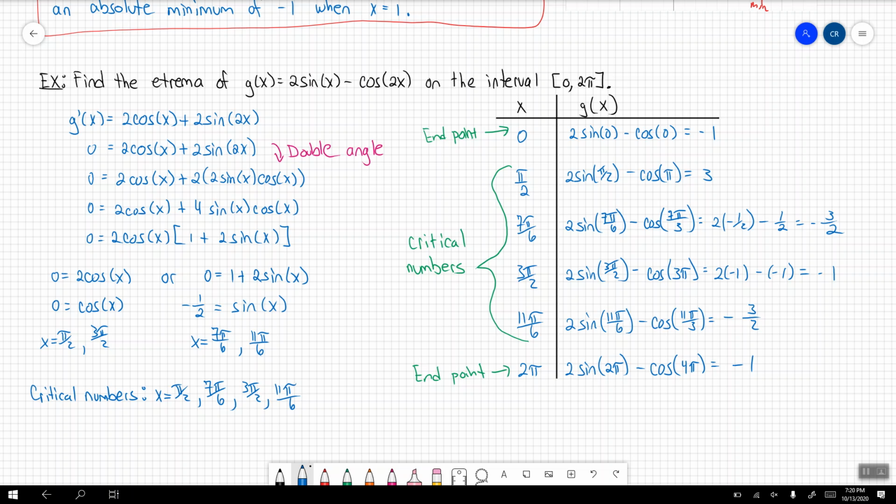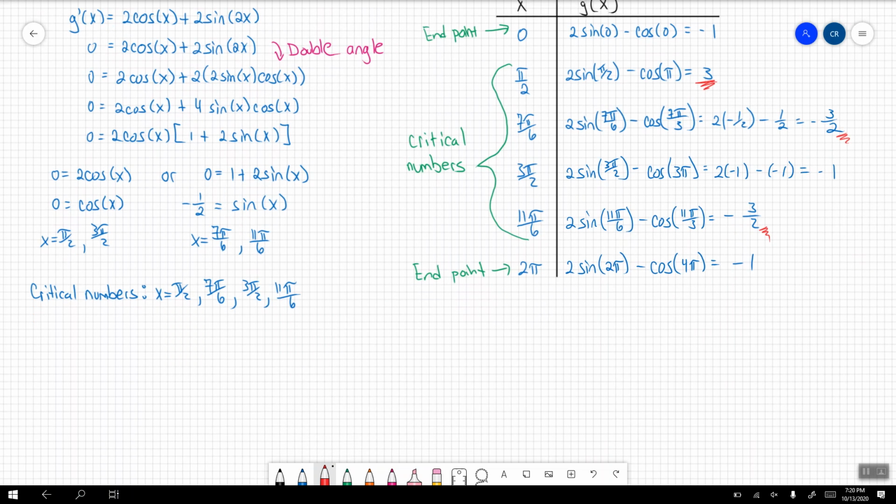Well, so far we have a largest value of 3. Okay, so that's a biggest value there. Smallest value, in other words, smallest meaning on the y-axis, the furthest away from y equals 0. The value is not -1, but instead it's going to be -3/2 because this is going to be -1.5.